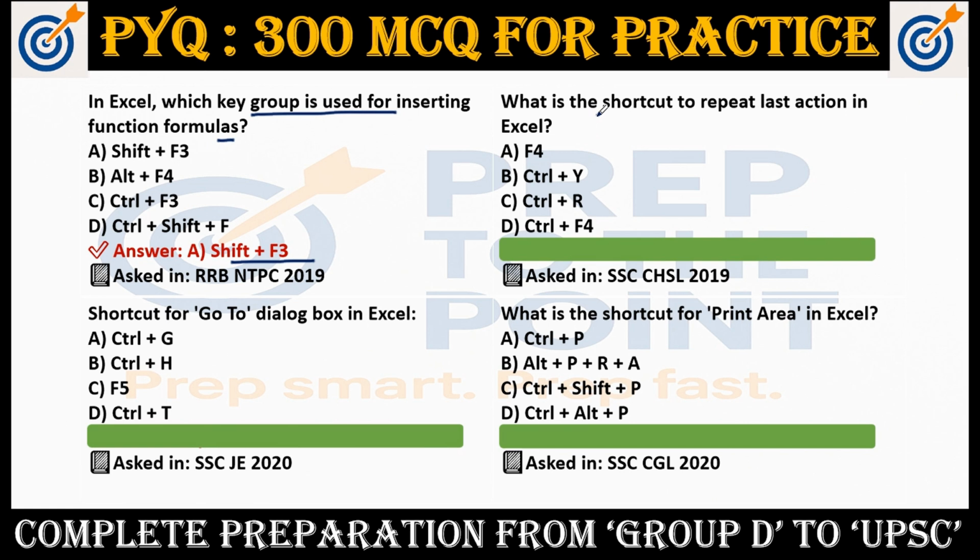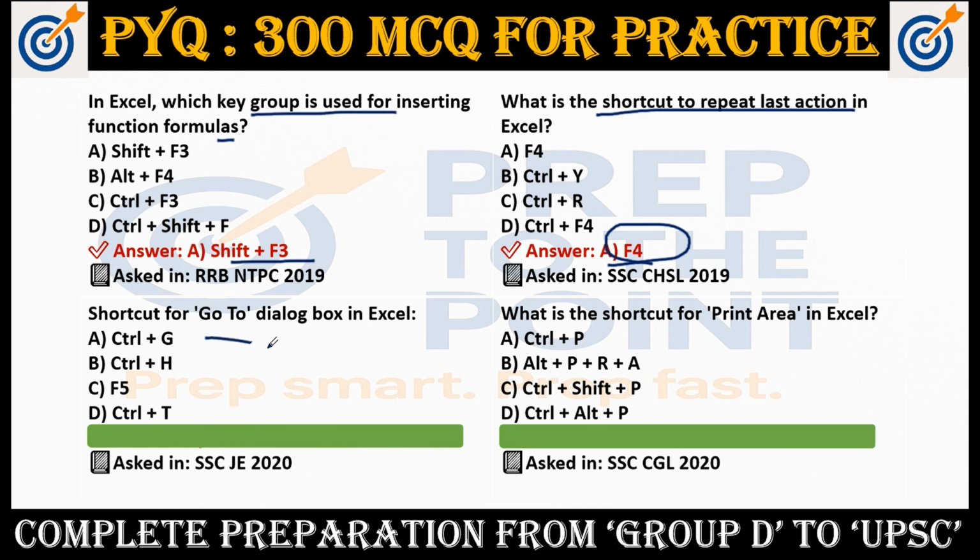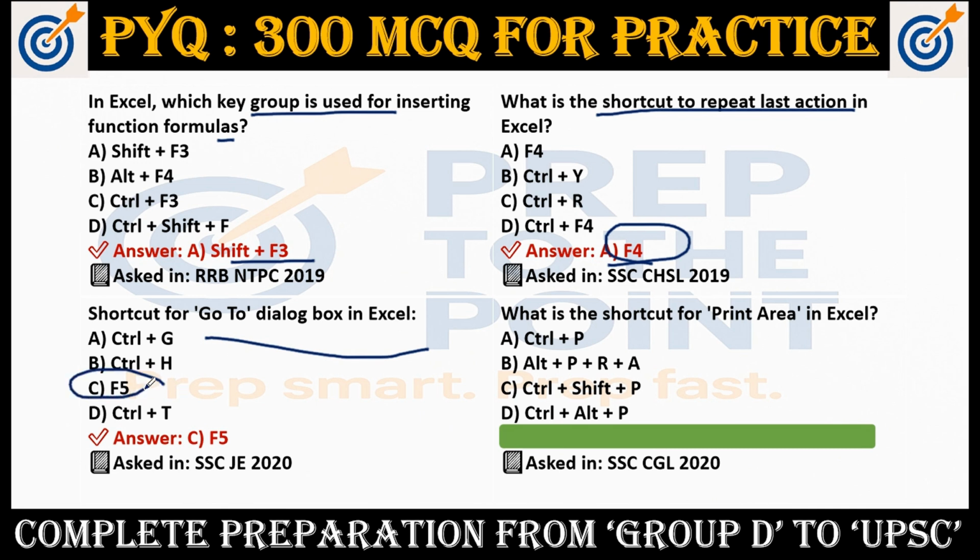What is the shortcut to repeat last action in Excel? F4. F4 used for repeat last action. Shortcut to go to dialog box in Excel, F5. What is the shortcut for print area in Excel?